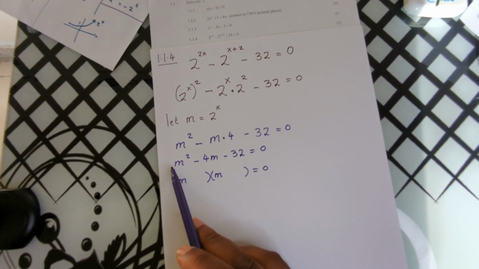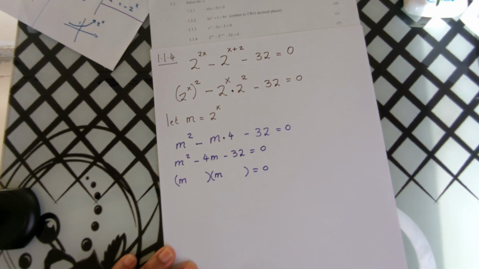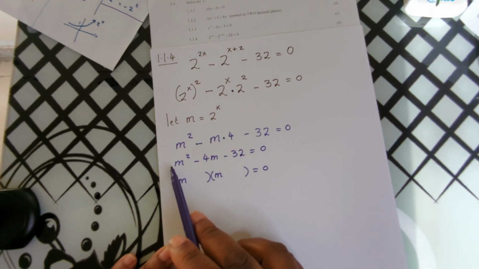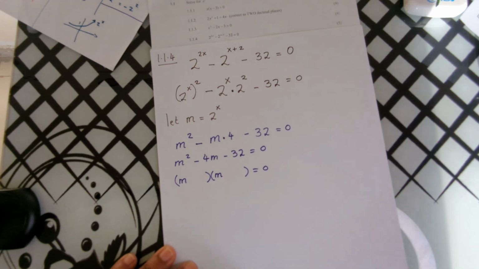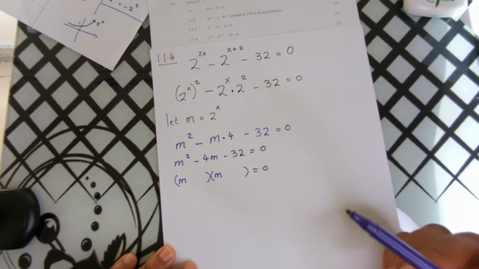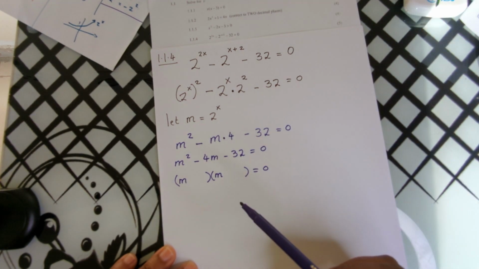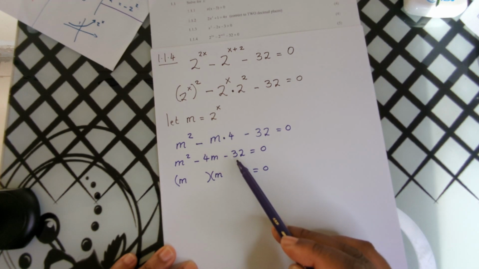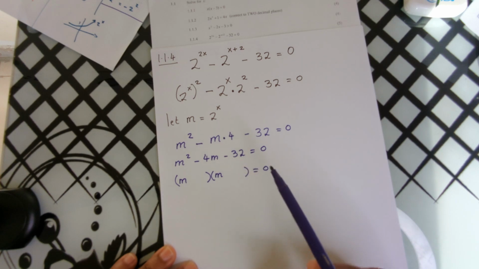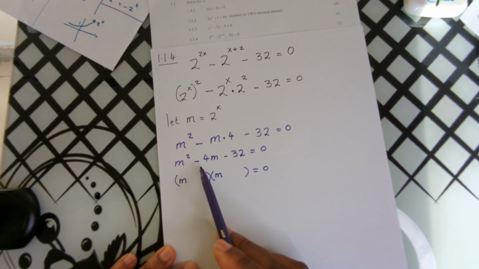If our leading coefficient was another coefficient which is not 1, it would be different. So in this case we multiply the leading coefficient which is 1 with the constant term which is negative 32, and that gives us negative 32. And we want two numbers that if we multiply we get negative 32, but if we add them we get negative 4.